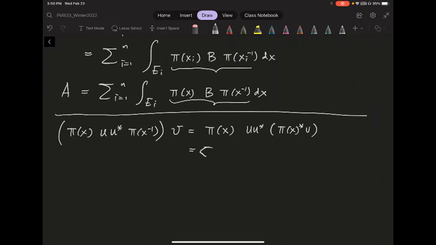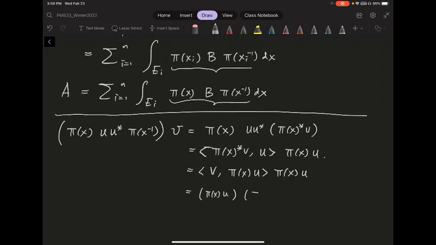The u star will make a scalar, so this is the inner product of pi x star v with u, a scalar multiplied by u, and you apply pi x to get pi x u here. Another way, you can move the pi x star to the other side, so this is v inner product with pi x u, and then you have pi x u again. Well, this is essentially the rank 1 operator from pi x u star.